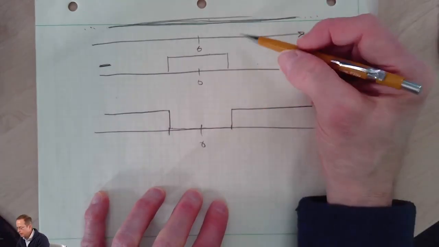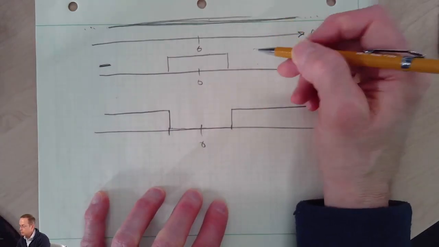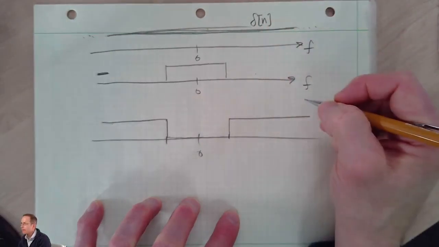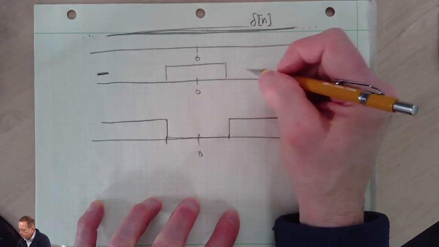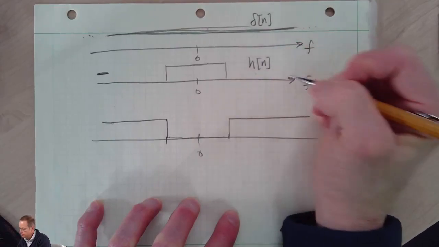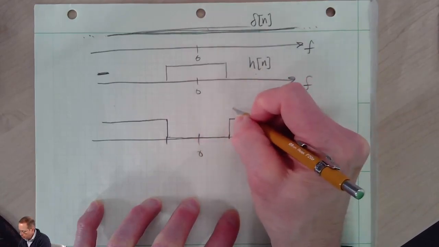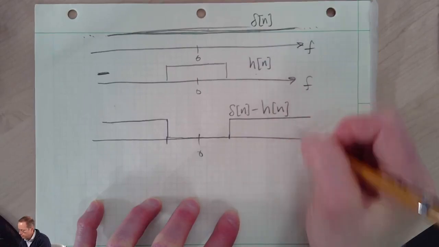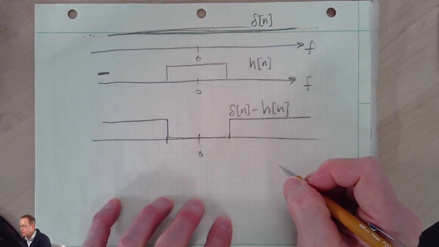So what I've done is I've taken an all-pass filter, which has impulse response equal to delta of n, and I've subtracted from that a low-pass filter, which has impulse response h of n. And so this filter has impulse response delta of n minus h of n. So that's one way you could design a high-pass filter.